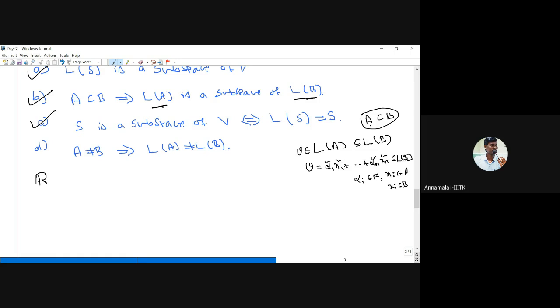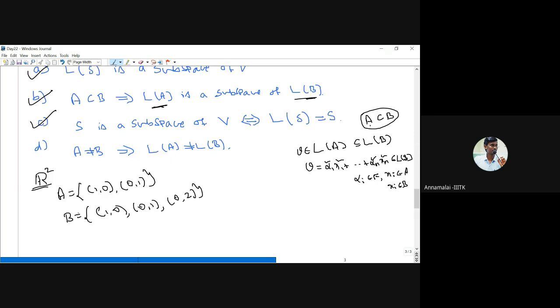In R2, I am taking A equal to the standard basis, 0, 1 and 1, 0. This is one set. I am taking another set B, again taking 1, 0 and 0, 1, and some other element. Suppose I am taking 0, 2.